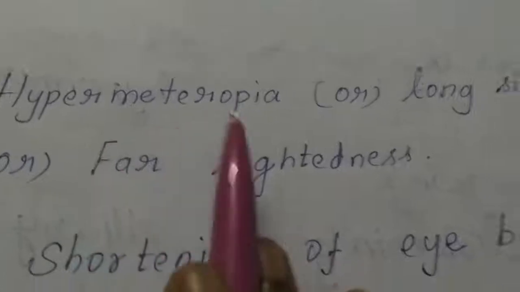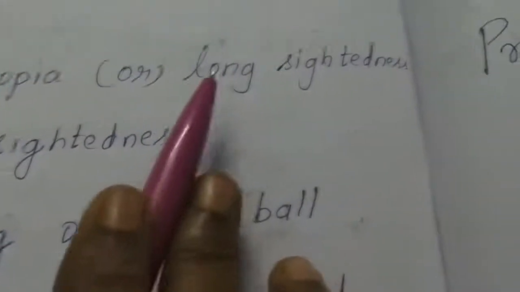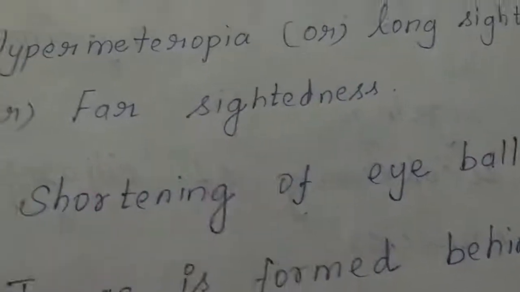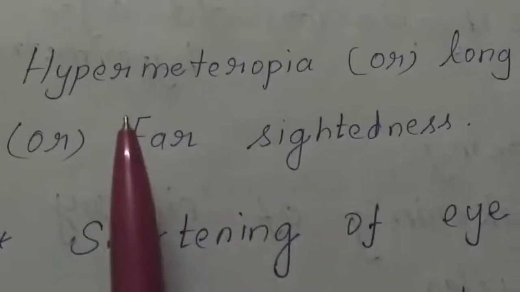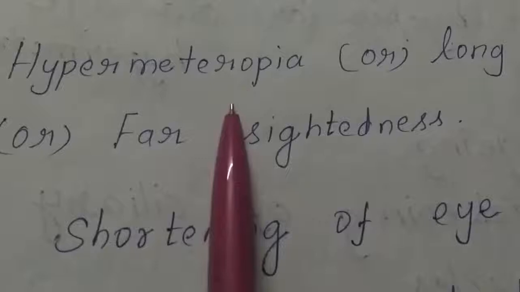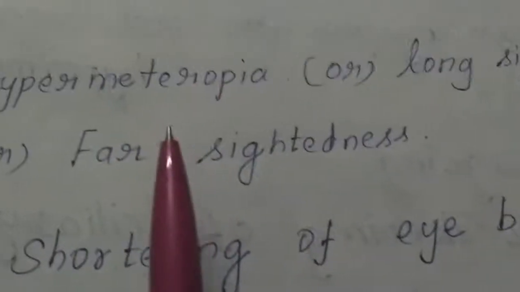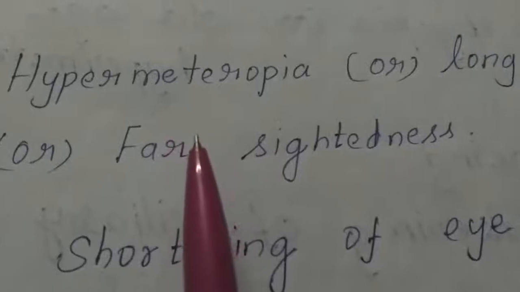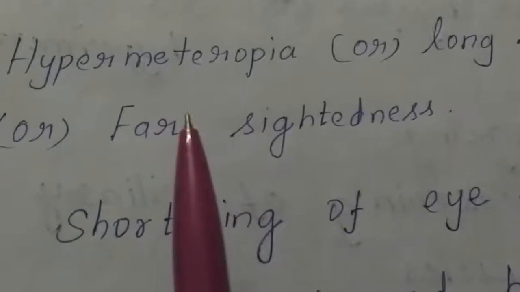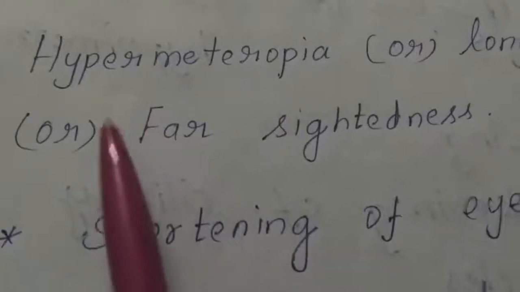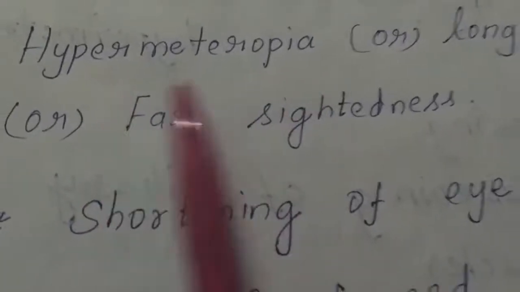Second one is hypermetropia, or long sightedness or far sightedness. The person affected by hypermetropia can see the distant object clearly, but cannot see the nearer object distinctly. Such a defect is known as hypermetropia. Hypermetropia arises due to shortening of the eyeball.